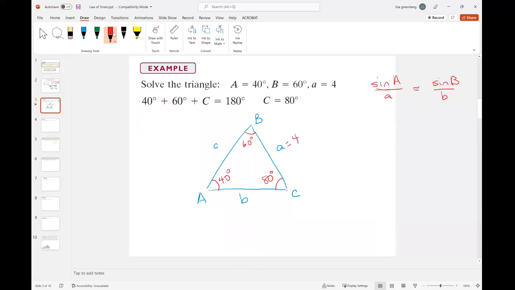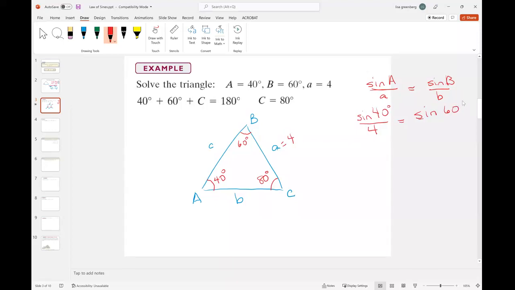Sine of A, so sine of 40 degrees. And this is obviously a calculator problem because I don't know what the sine of 40 degrees is, and I don't expect anybody does, equals the sine of 60 degrees, which we do know, over B.